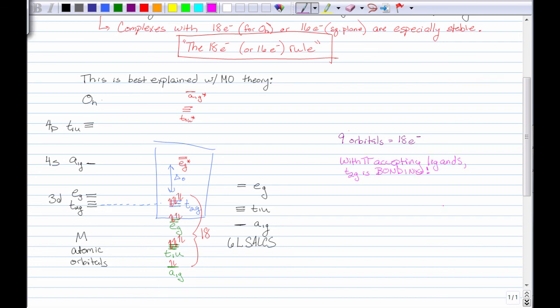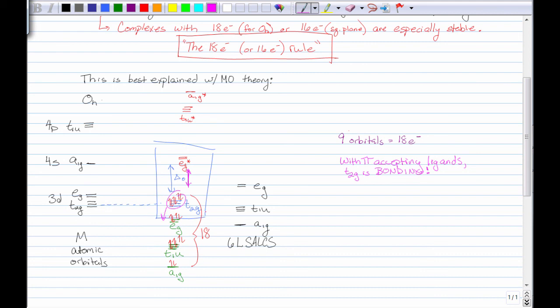So now I'd like you to recall the discussion on how pi accepting ligands affect the value of delta, and you hopefully remember that pi acceptors actually increase delta because they lower the energy of the t2 set and make it bonding.